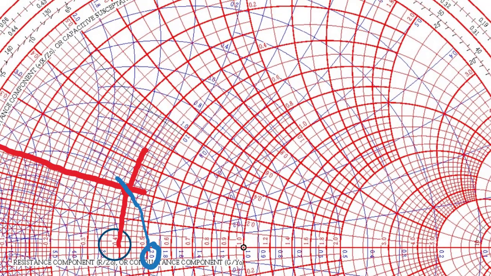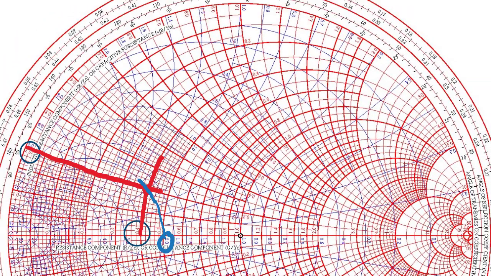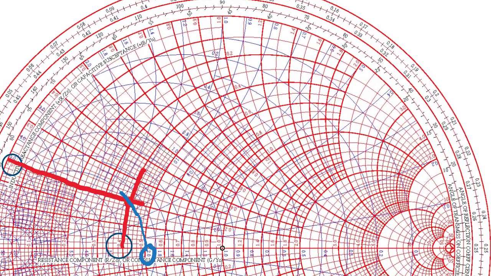Let me zoom out just a bit to get things back on the screen. If I follow the blue susceptance curve out, I can read that the value is 1.0. So from the chart, we can graphically get the equivalent admittance.